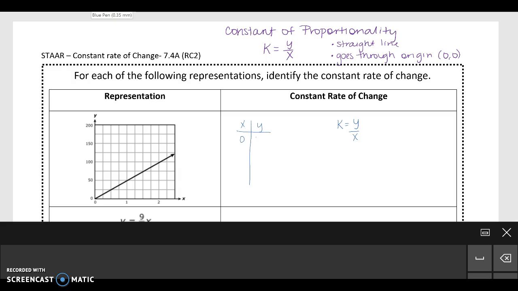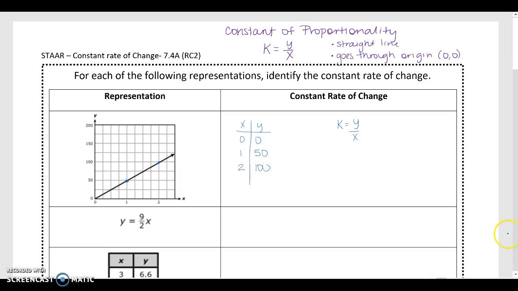So I know 0, 0. Let's see, it goes through here at 150, goes through here at 100. So I can choose any of these values. I just have to use them together. So I'm going to do 50 over 1.